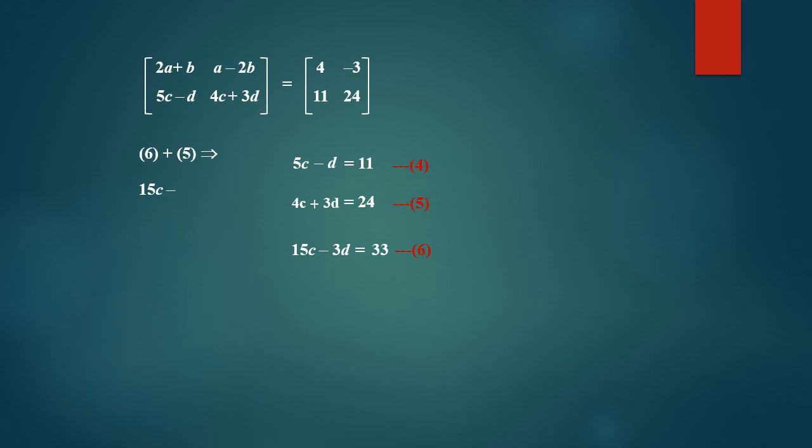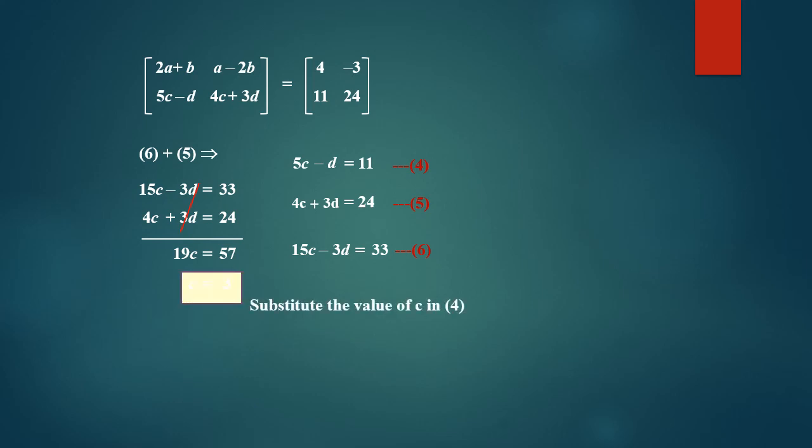We add this to equation 5, so we get 15c minus 3d equal to 33 and 4c plus 3d equal to 24. On simplifying we get 15c plus 4c equal to 19c, which is equal to 57. So c will be equal to 3. Substituting the value of c in equation 4, we get 5 into 3 minus d equal to 11, and d is equal to 4. So thus c will be equal to 3.